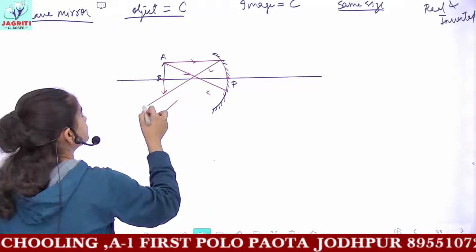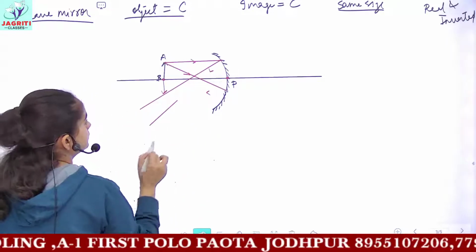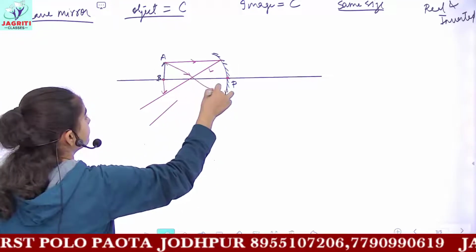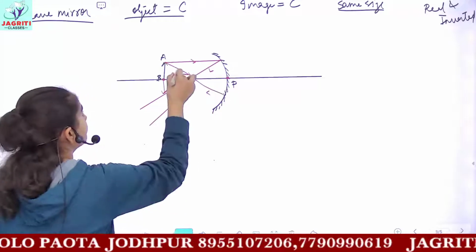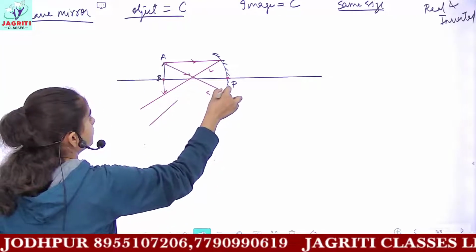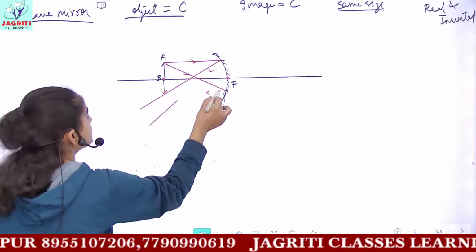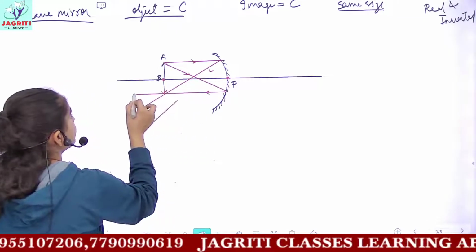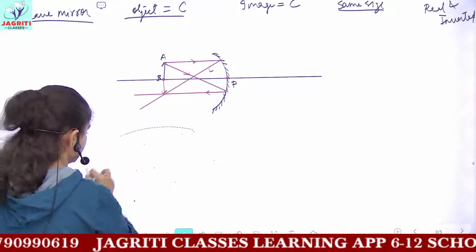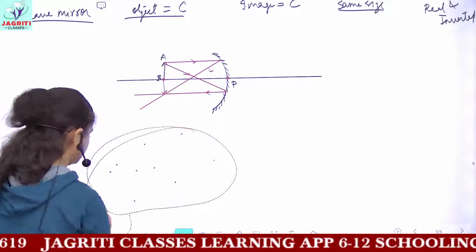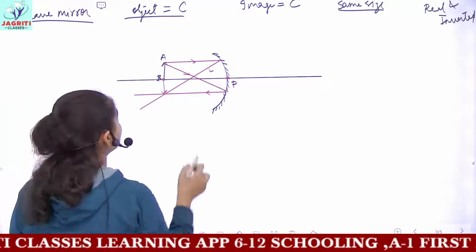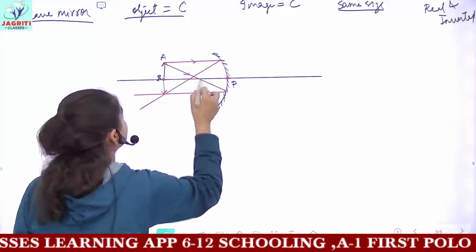See, you can make this sort of light rays, and then they'll intersect at the required position, wherever you require them to intersect. Okay, so this would give you the correct ray diagram.